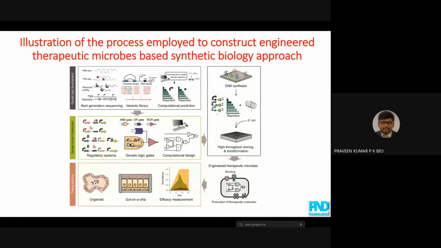And here in this second part, you can see genetic circuit construction. We can just click the parts of the gene and integrate them in the form of a circuit. We can also use genetic logic gates like AND gate, OR gate, NOR gate, and through that we can control.